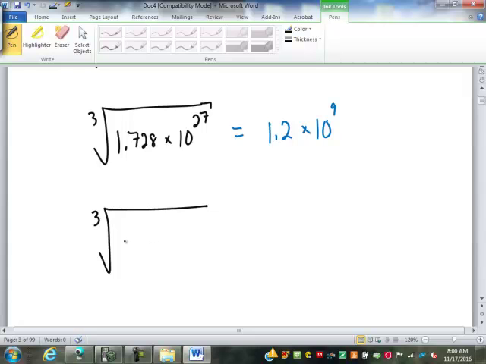A third root of 1.331 times 10 to the negative 42nd power. What is the third root of 1.331? 1.1 times 10 to the negative 42 divided by 3, which is negative 14.